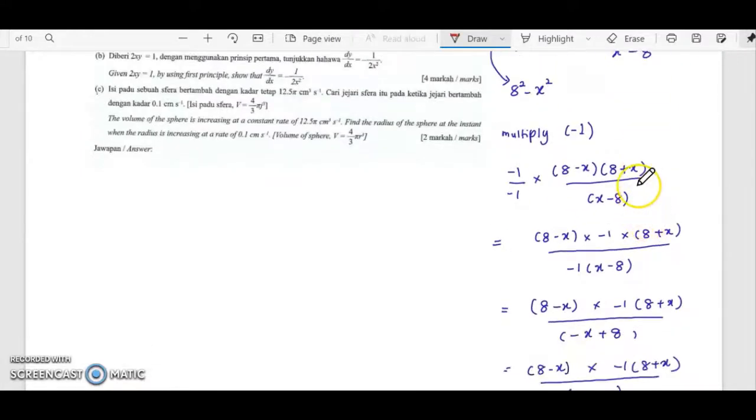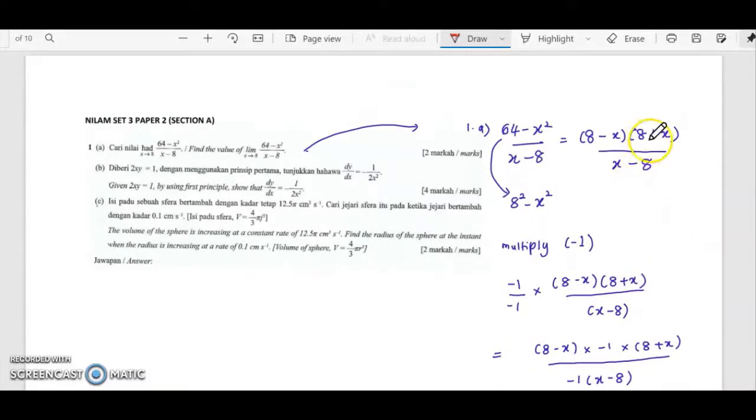Okay, so how to simplify this expression? Bila kita factorize 8 minus x, 8 plus x, dia tak sama dengan kat bawah ni. Okay, x minus 8 is not equal to 8 minus x. Dia tak sama. So jangan suka hati awak pergilah potong atas dengan bawah ni, salah.